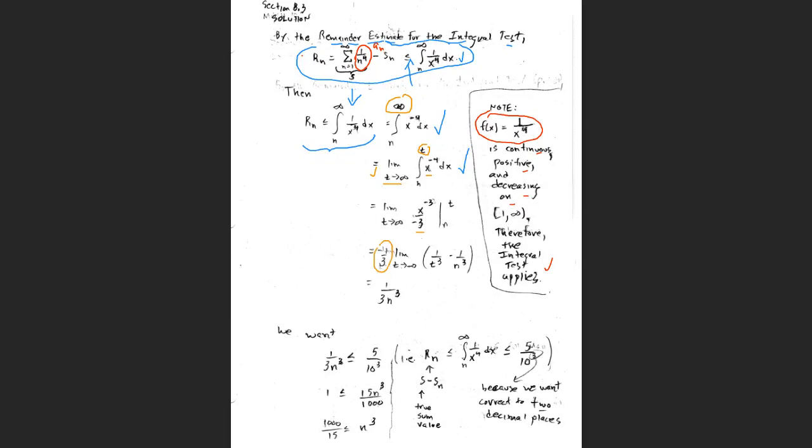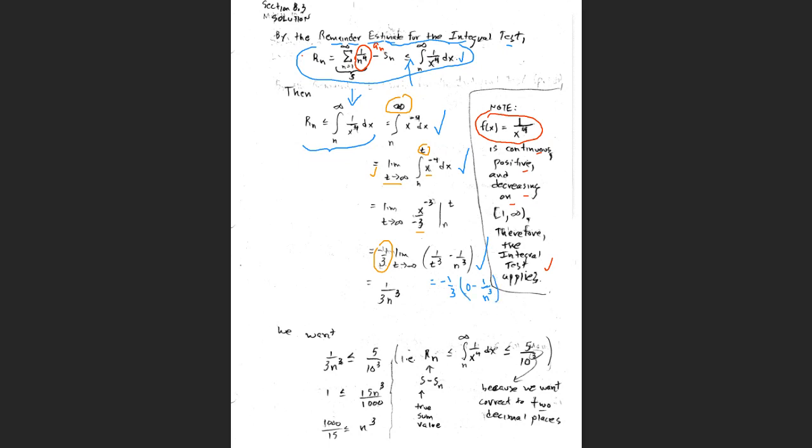And then I'm going to be looking at negative 1/3 times the limit as t approaches infinity of 1 over t cubed minus 1 over n cubed. Well, the 1 over t cubed is just going to equal 0 when we take the limit, so we get 1/3 times 0 minus 1 over n cubed, right?